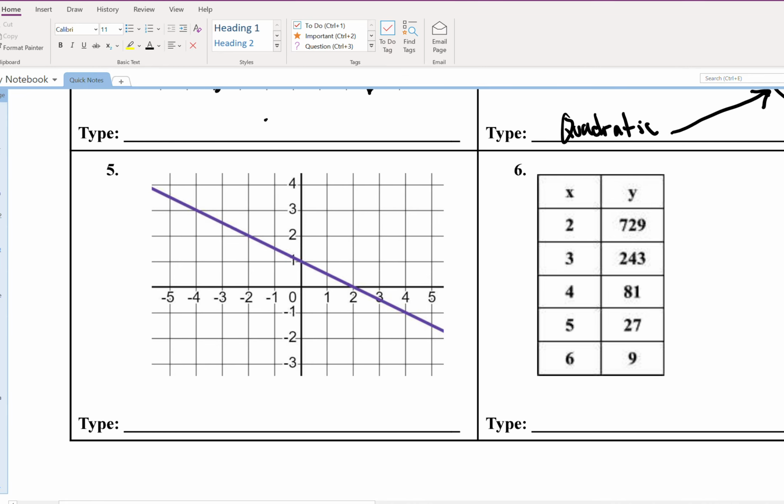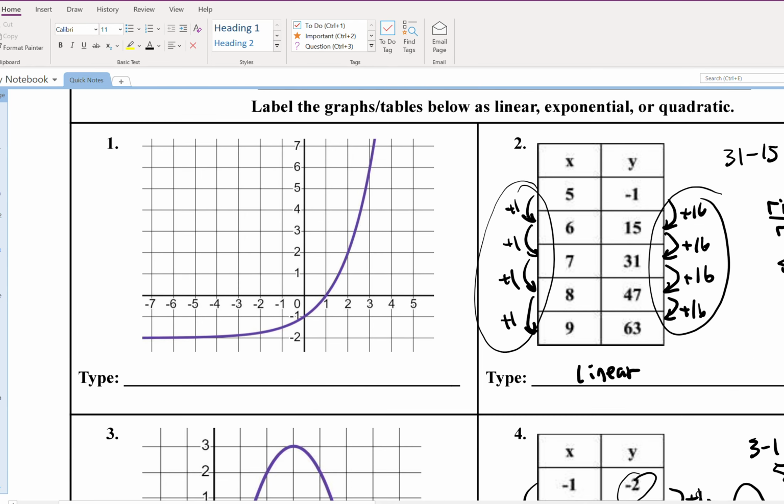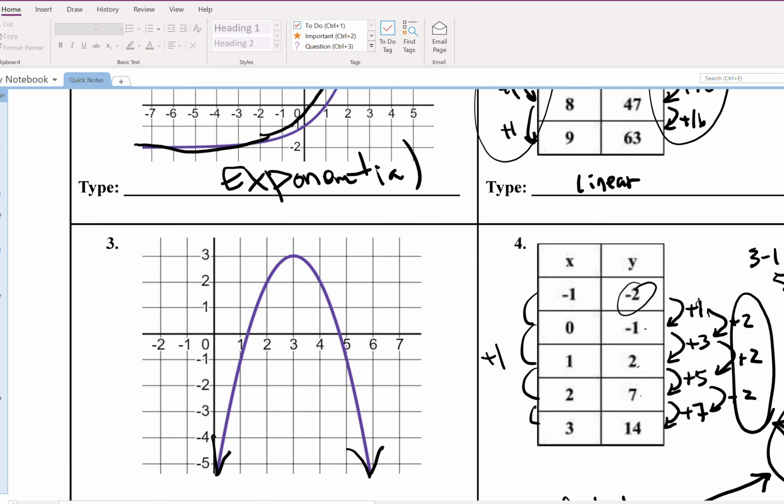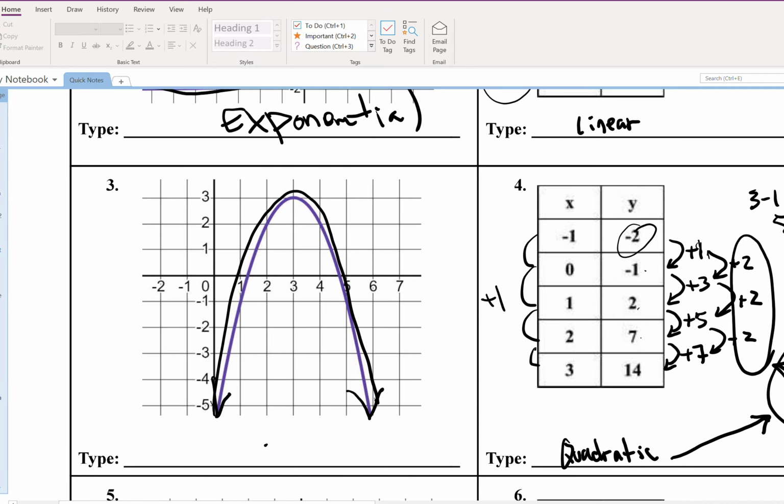So bear with me as I run through a quick review of the graphs. If it's level on one side and then goes up on the other, these are exponential. If it's going down on both sides or up on both sides, those would be examples of quadratic functions.